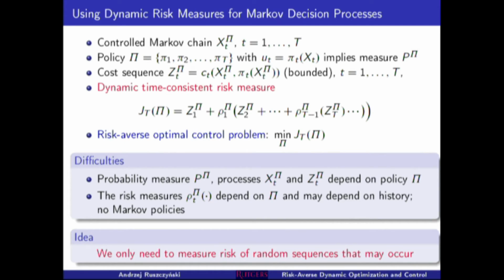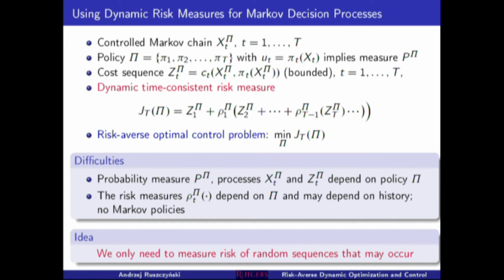Okay, so we have this controlled Markov chain. Pi is the policy. We have a cost sequence Z. The cost sequence Z depends on the state and control at each time. And we use a time-consistent risk measure to evaluate the risk of this cost sequence that is generated by the policy.